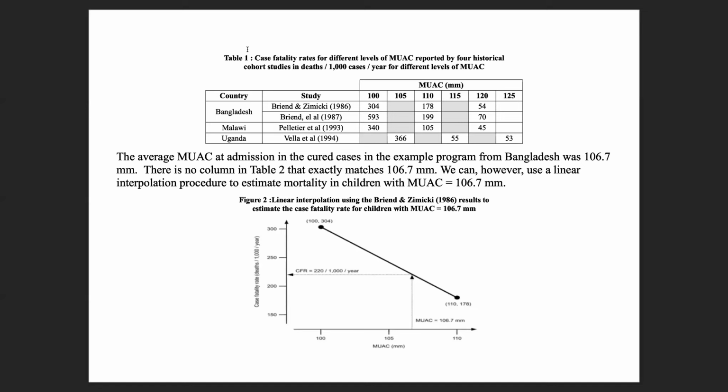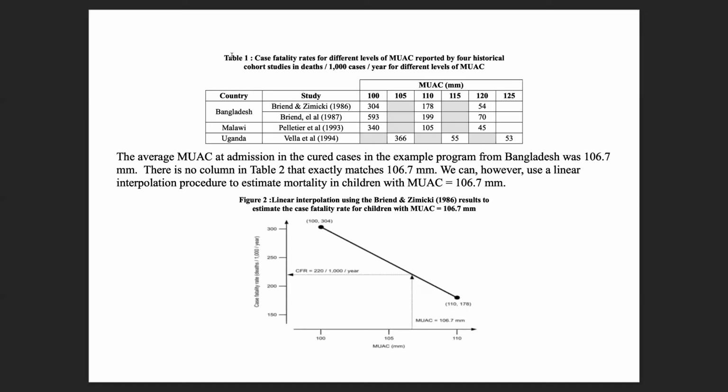Now, our average MUAC at admission in the cured cases in our program was 106.7 millimeters, and in table 2 there's no 106.7 millimeters. It's going to be somewhere between 100 and 110 millimeters, so we take a point along there that reflects 106.7 millimeters, using a linear interpolation procedure.